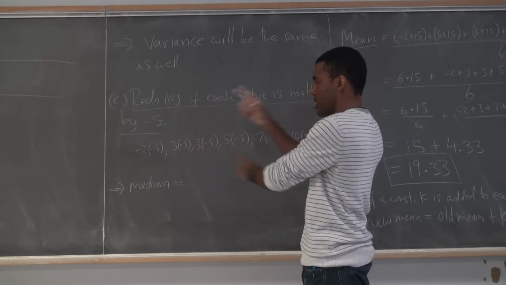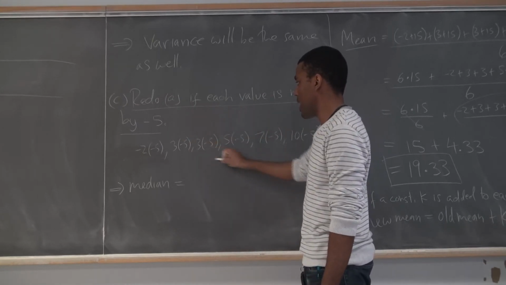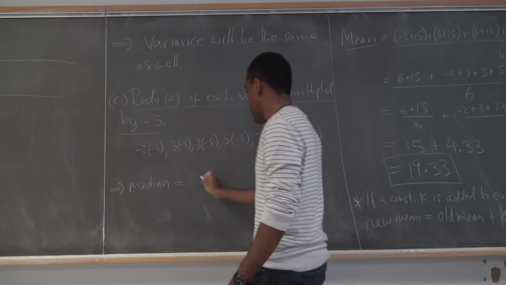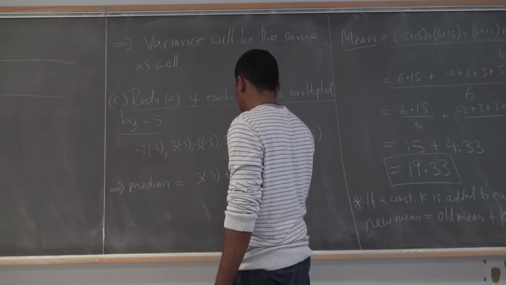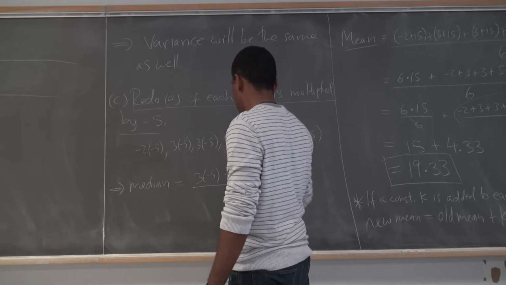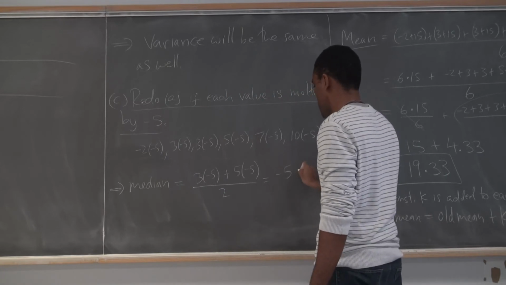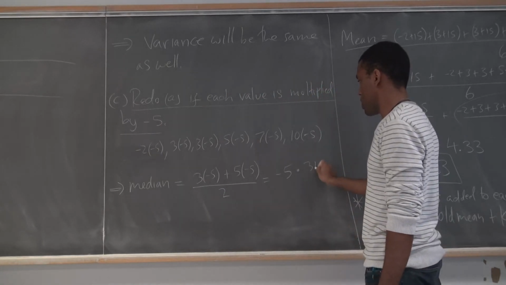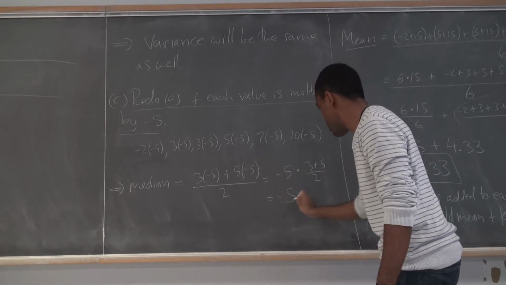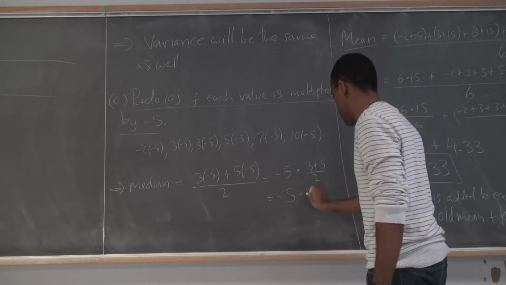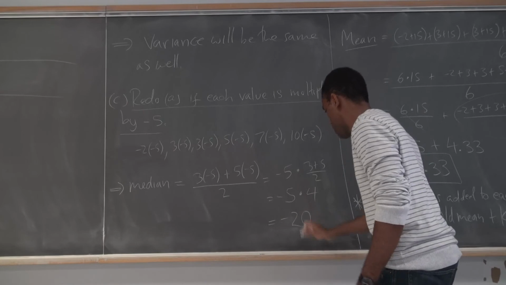But remember, ascending or descending order doesn't matter, it gives us the same thing. So again, the median is the average of these two. So it's minus 5 plus 5 times minus 5 all over 2. Now minus 5 is a constant factor, I can factor that out. This is 3 plus 5 over 2. So this is minus 5 times 4. So it's minus 20.